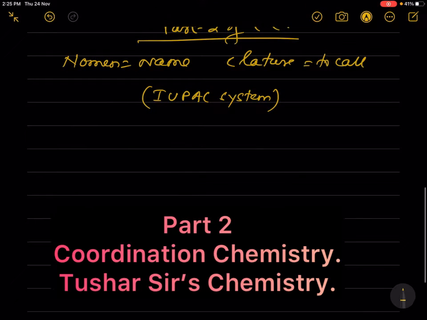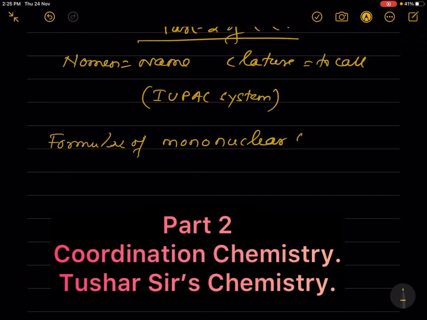So how to write the formulae of mononuclear coordination entities? Formulae of mononuclear coordination entities.